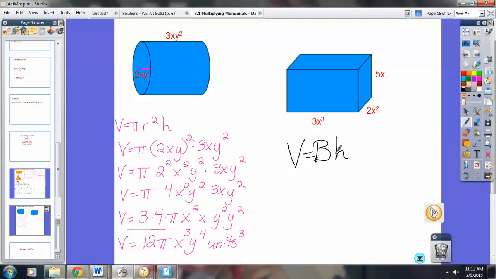How do we find the area of any figure? Length times width. So base B is really length times width. That's what big B is standing for, area of your base, which is length times width. So technically the volume is length times width times height, and that's probably what you've heard it referred to as before, am I right?